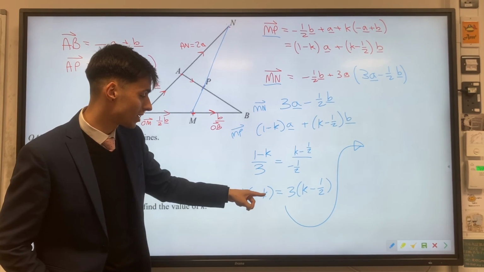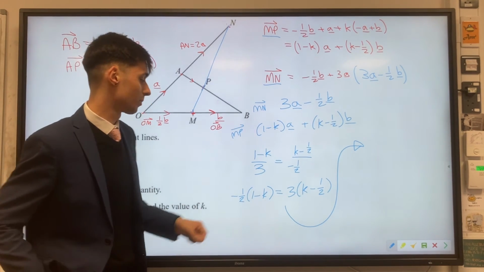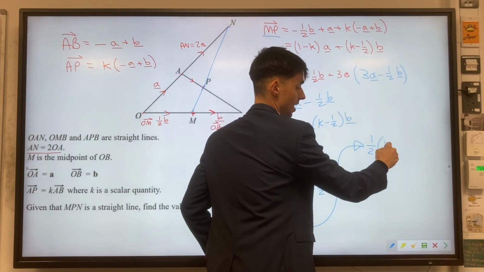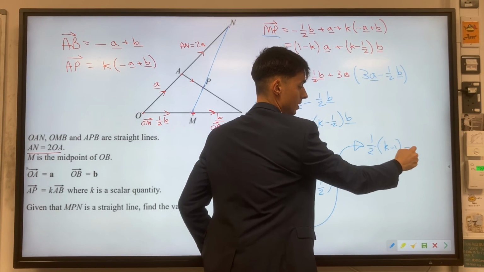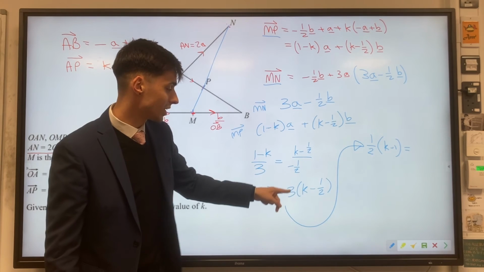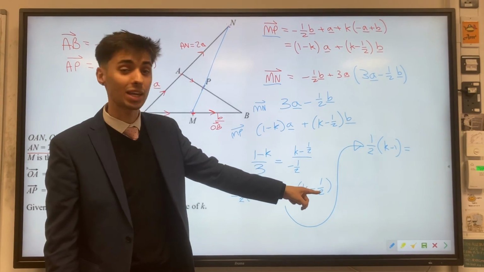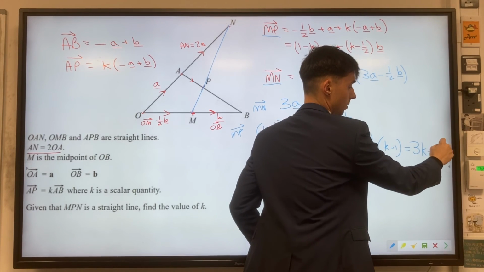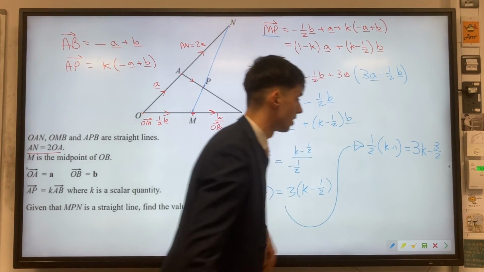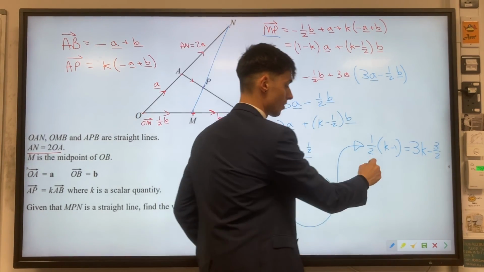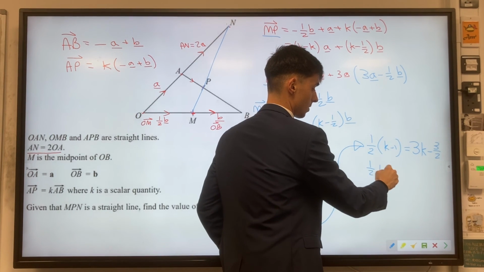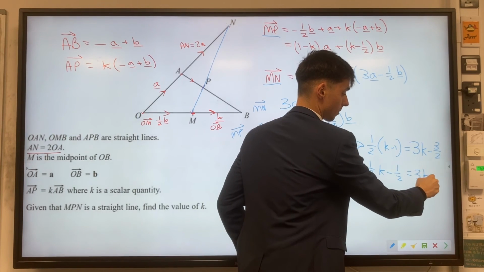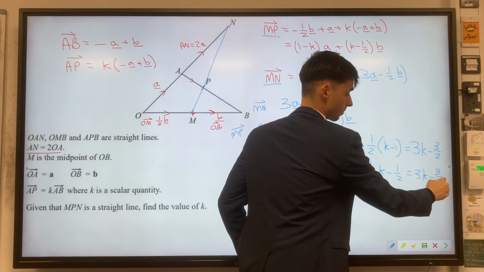Instead of 1 minus K, we'll have a K minus 1. So I'm going to write a half brackets K minus 1 equals, expanding these brackets, 3K minus 3 over 2. Let's expand this side now, so we have a half K minus a half equals our 3K minus 3 over 2.